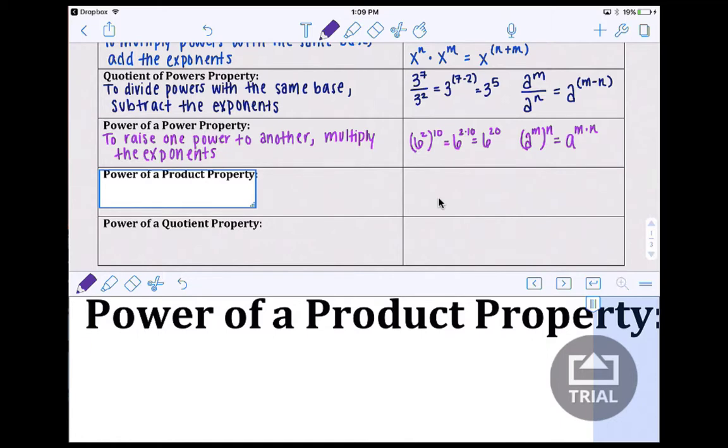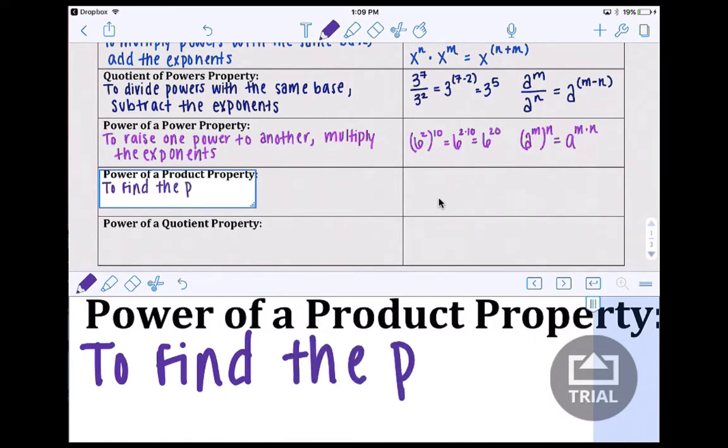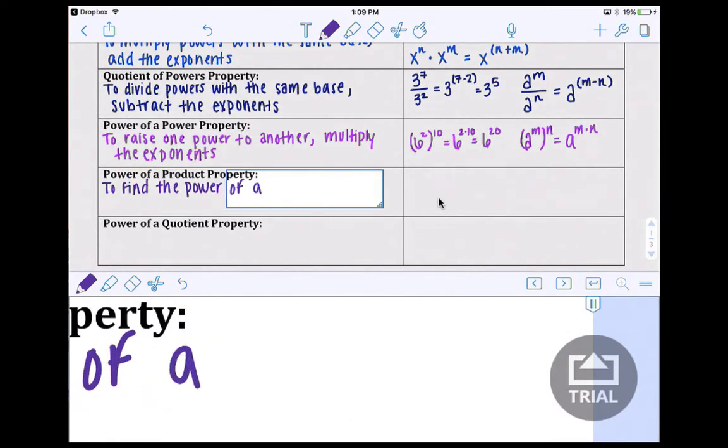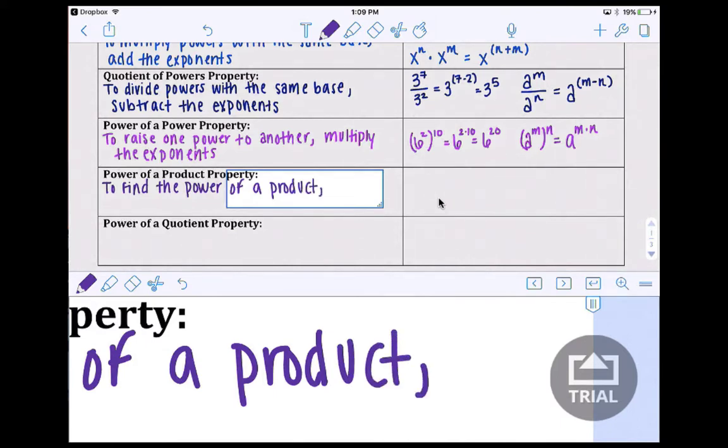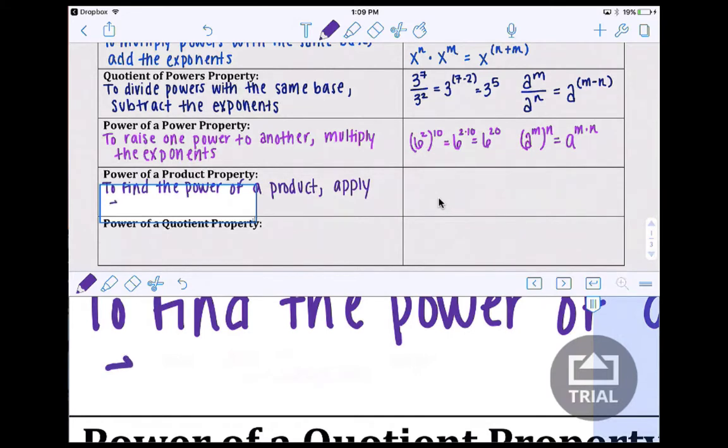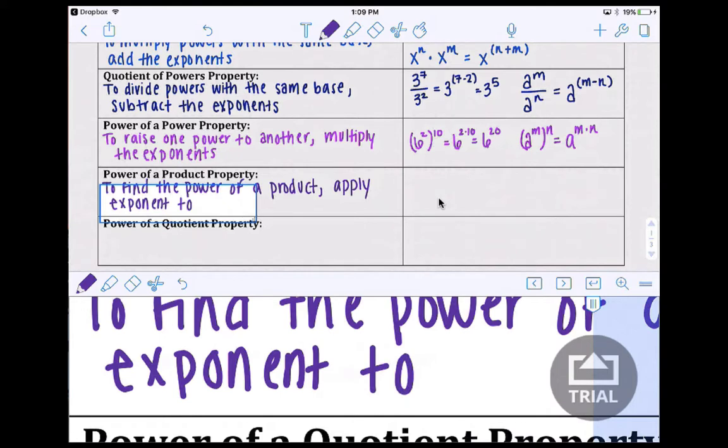So if you apply an exponent to a product, or to find the power of a product, you are actually going to apply the exponent to both factors, to each piece or factor.